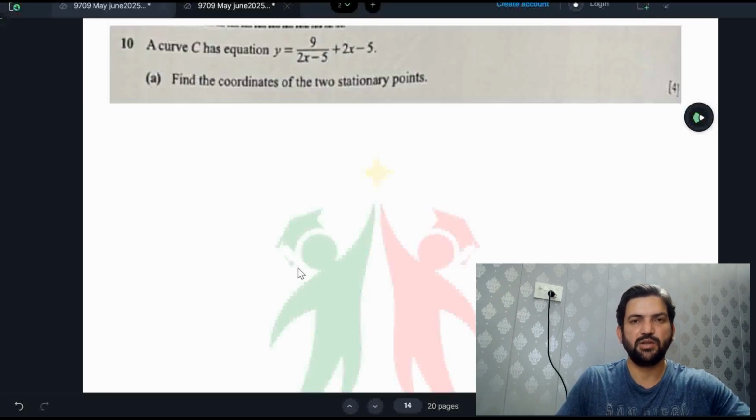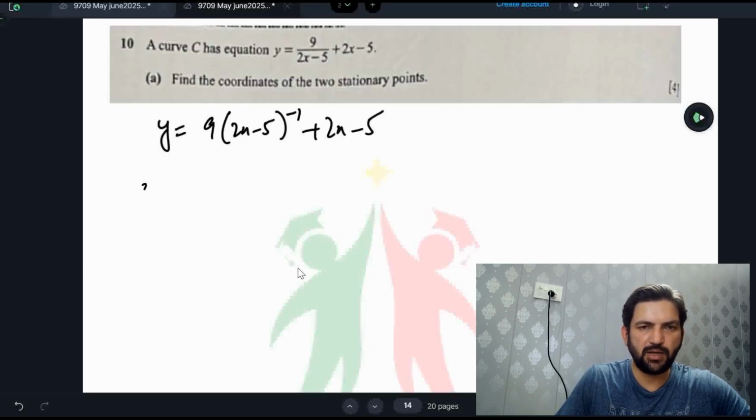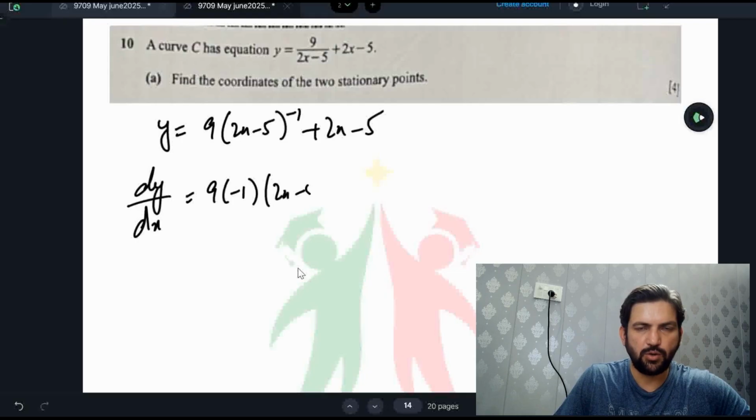So for two stationary points, we can say that the equation is y equals 9 into (2x minus 5) to the power minus 1, plus 2x minus 5. So dy/dx is equals to 9 into minus 1 into (2x minus 5) to the power minus 2, into the internal derivative 2, plus 2.